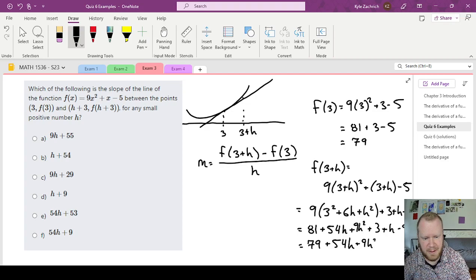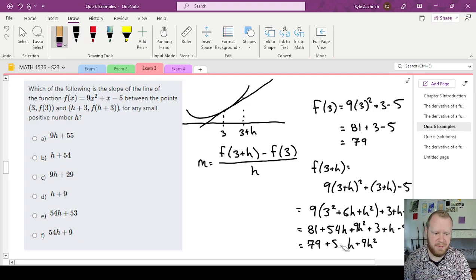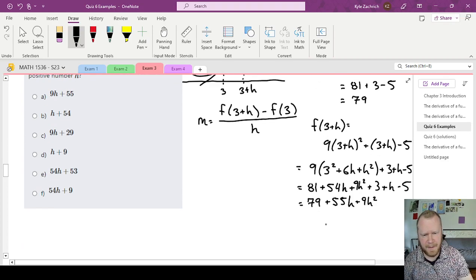Plus 9h squared plus h, so I'm going to go ahead and change this to 55h. And I believe that's everything.